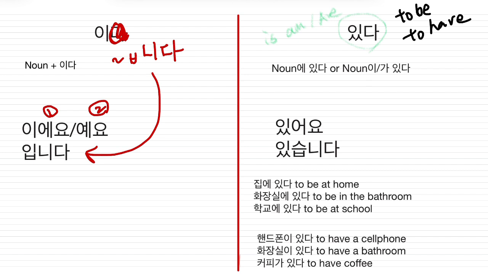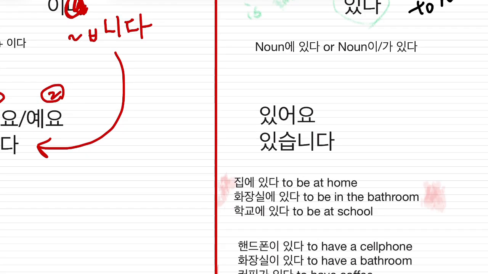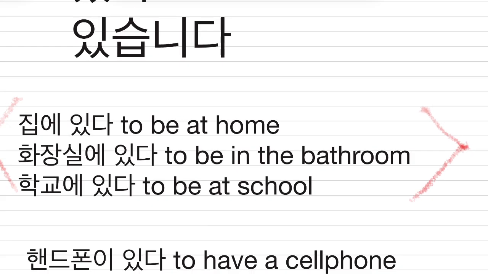So please have a look at this one. 집. In Korean, we say 집. No, I'm sorry, home. In Korean, we say 집. So 집에 있다 means to be at home, which means I am at home.